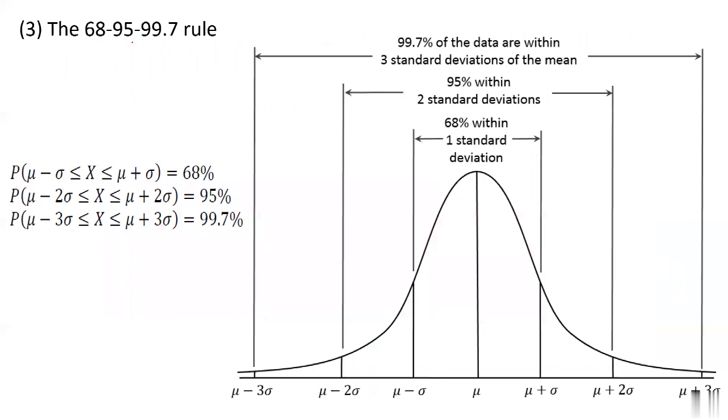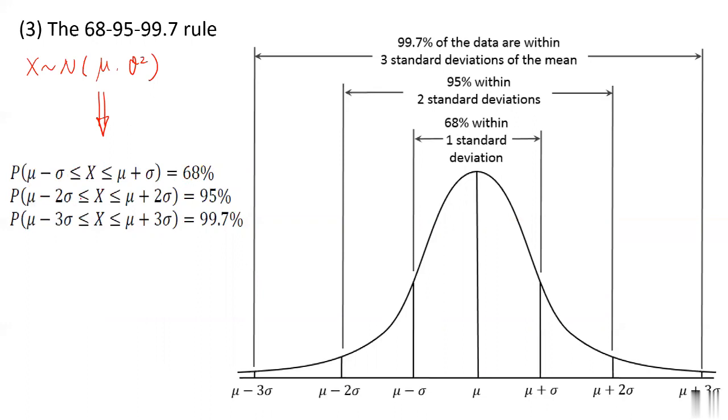Understand? Okay. This next rule is called the 68, 95, and 99.7 rule, which means if X follows a normal distribution N(mu, sigma square), we have the following equalities. First, the probability of X lying in mu minus sigma to mu plus sigma is approximately 68%.